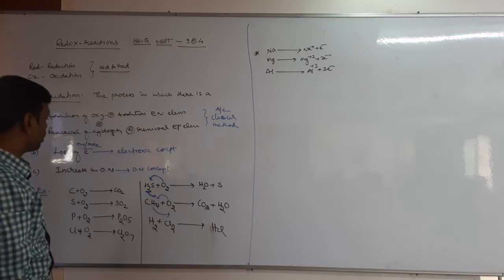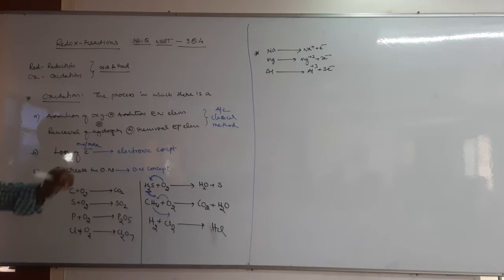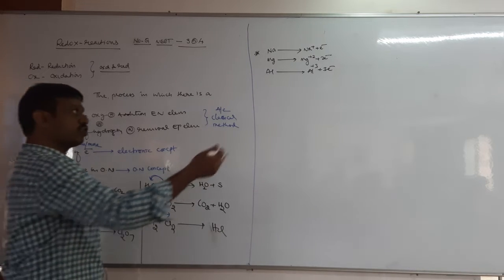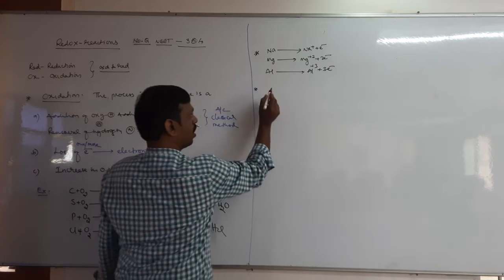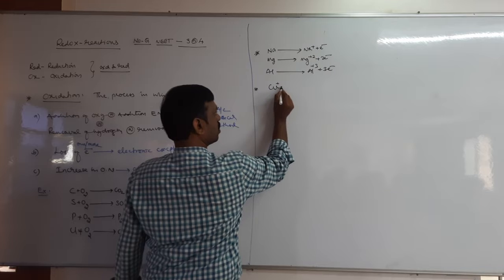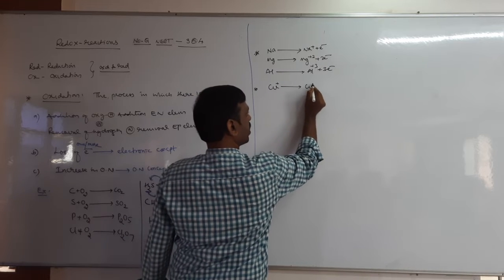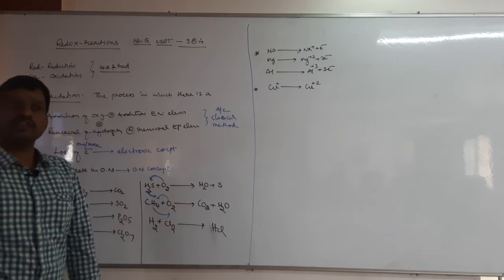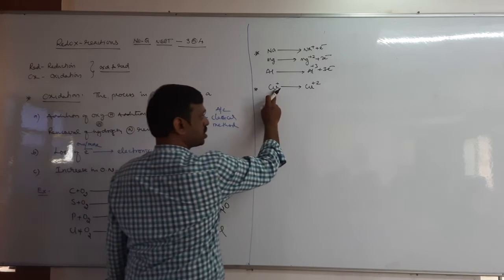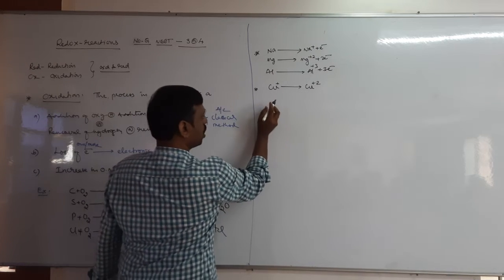Next, the third category, increasing oxidation number. What oxidation number is, we will study later, but remember, and moreover you know it. For example, cuprous converts into cupric. What is the change? Oxidation number is +1, it becomes +2.